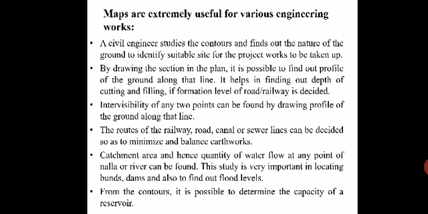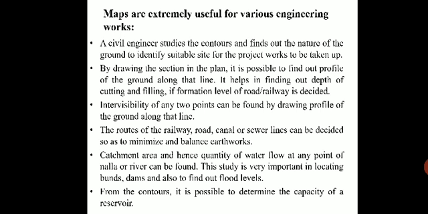Then maps are extremely useful for various engineering works, like civil engineering studies. The contour lines help find out the nature of the ground and identify suitable sites for construction of dams, roads and tunnels.